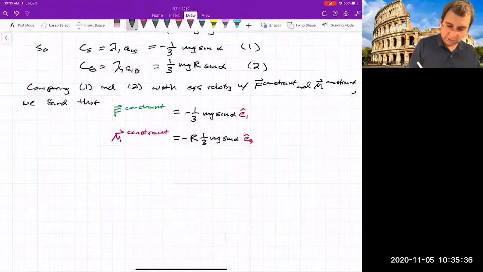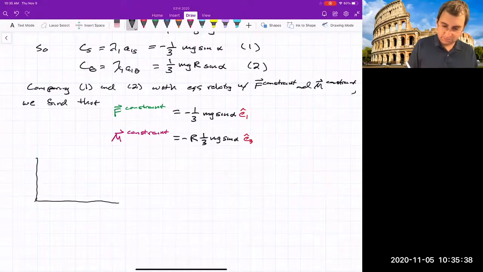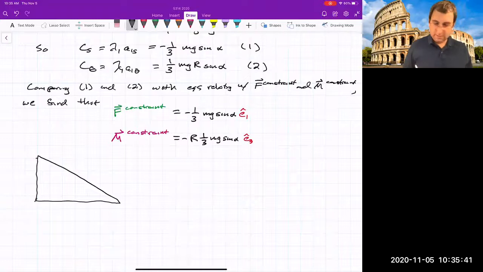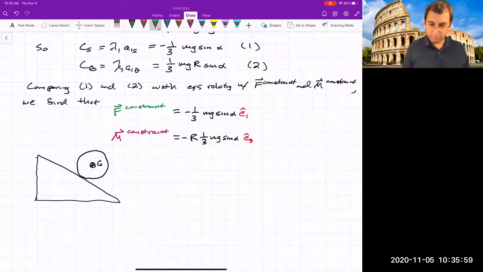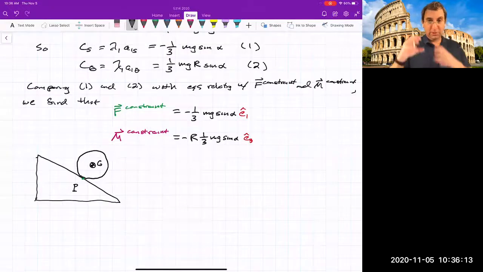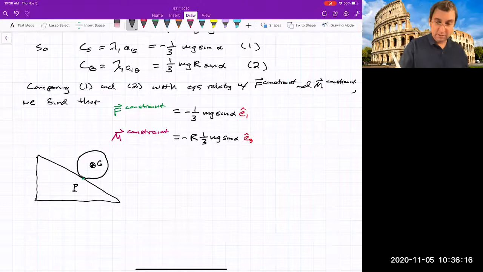Okay, so if we want to sketch the situation and see if things are matching up for forces and moments of constraint. So here is our center of mass for our disk. And this is saying that the force of constraint, and where's it being applied? Well, it's reasonable to think of it being applied at the point of contact, because that's the only place where this rigid body is contacting anything else.